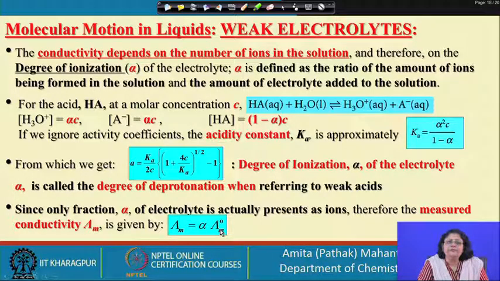Okay. So, indirectly what we are saying is that alpha is the ratio between the lambda value at a given concentration divided by the lambda value at infinite dilution, meaning when the concentration is approaching 0. Okay.